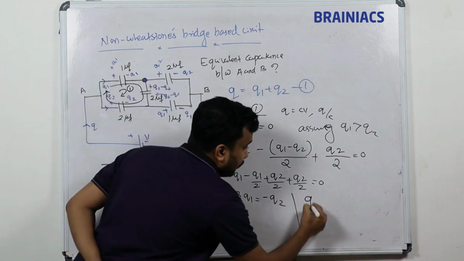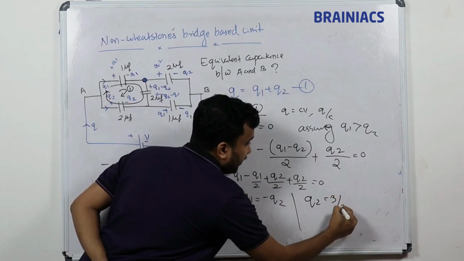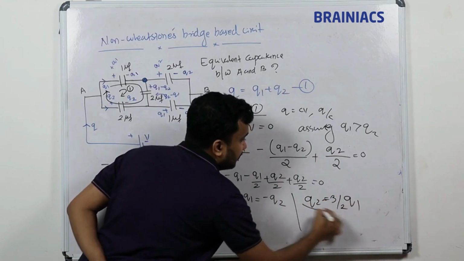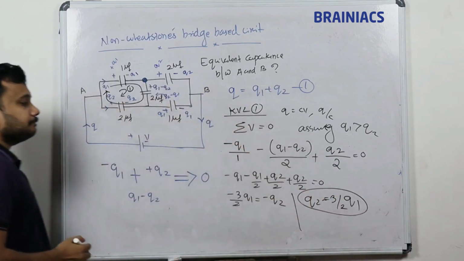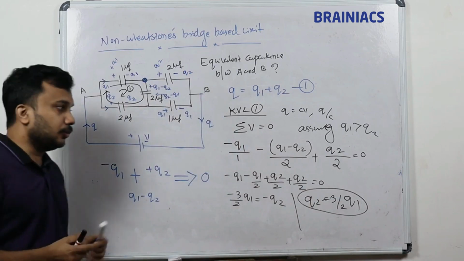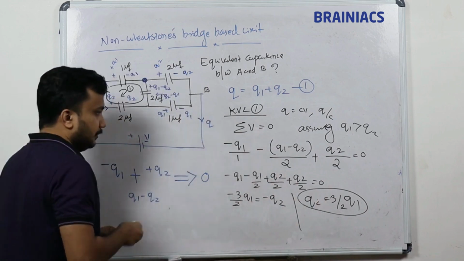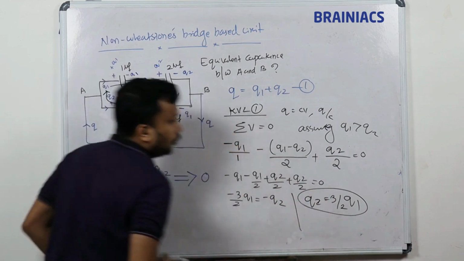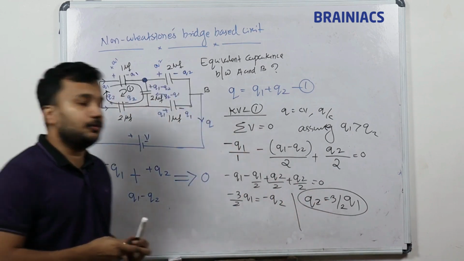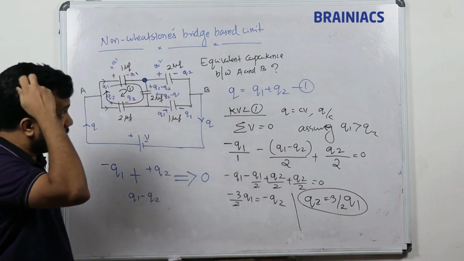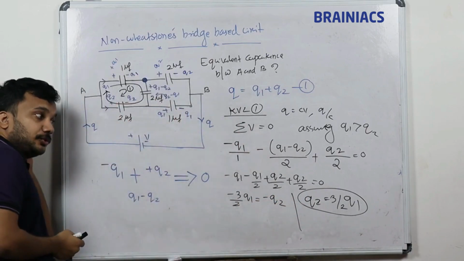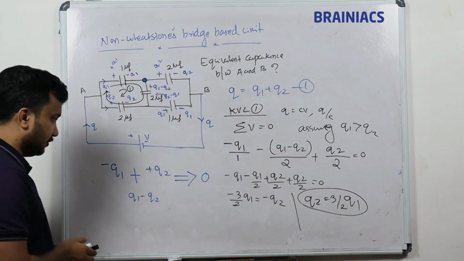So Q2 is equal to 3 by 2 times Q1. This is important. So I got two equations: Q2 is equal to 3 by 2 times Q1.